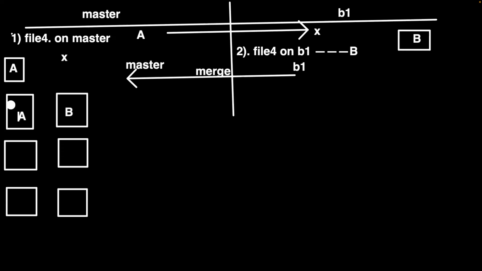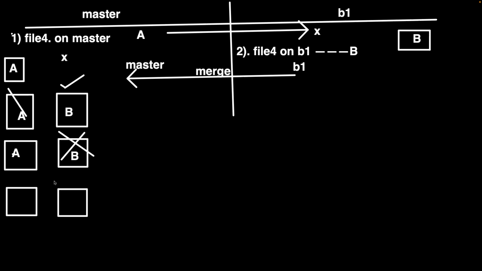Does it mean that it should override this one and keep only B? The meaning of merge is that it should bring changes from B1 into master. Let's imagine it's a box. It should keep B, which means the existing one will be overridden. Or else, should it just keep A and ignore B? Can it do that?